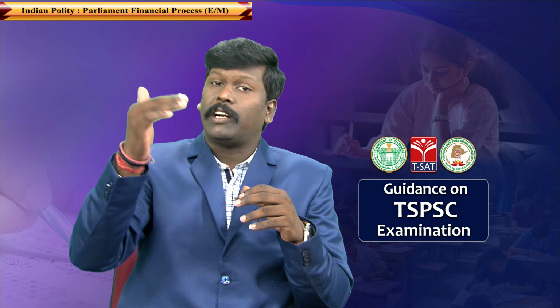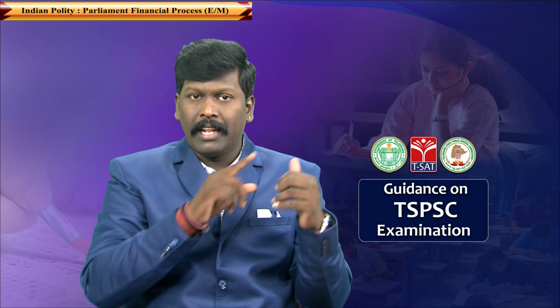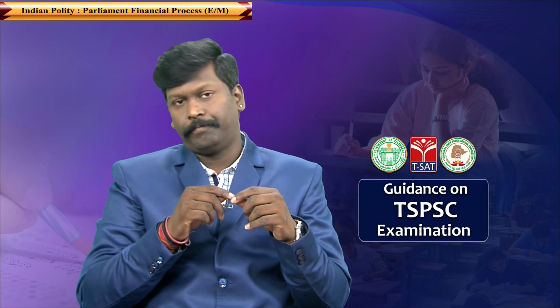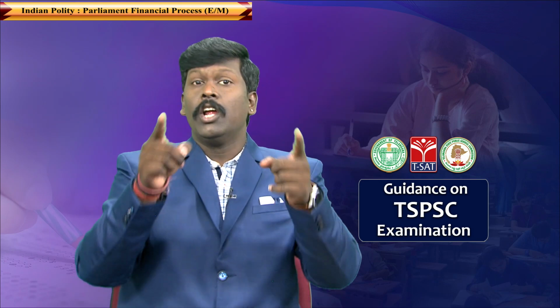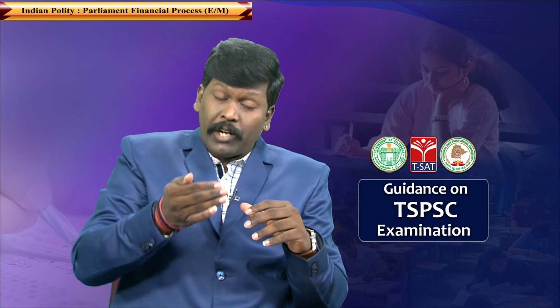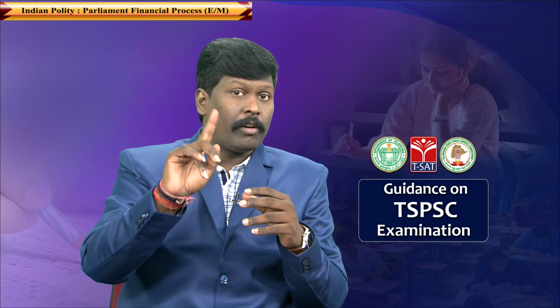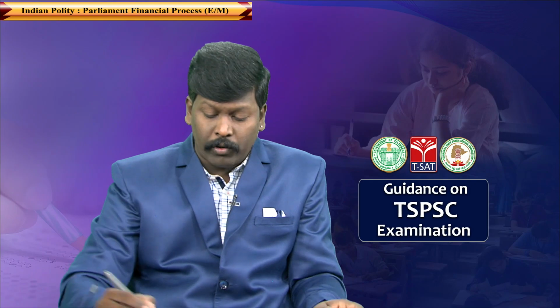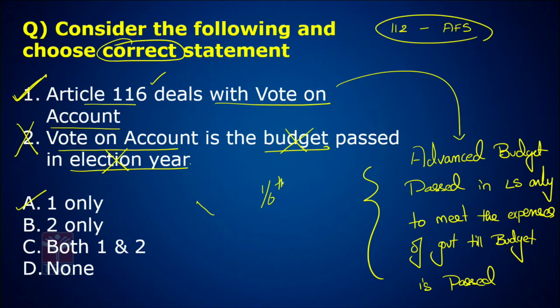But there are many expenses for the government in the meantime. To meet these expenses, the advance budget is passed in the Lok Sabha only. Generally, this advance budget or vote on account is 1/6 of the total budget.